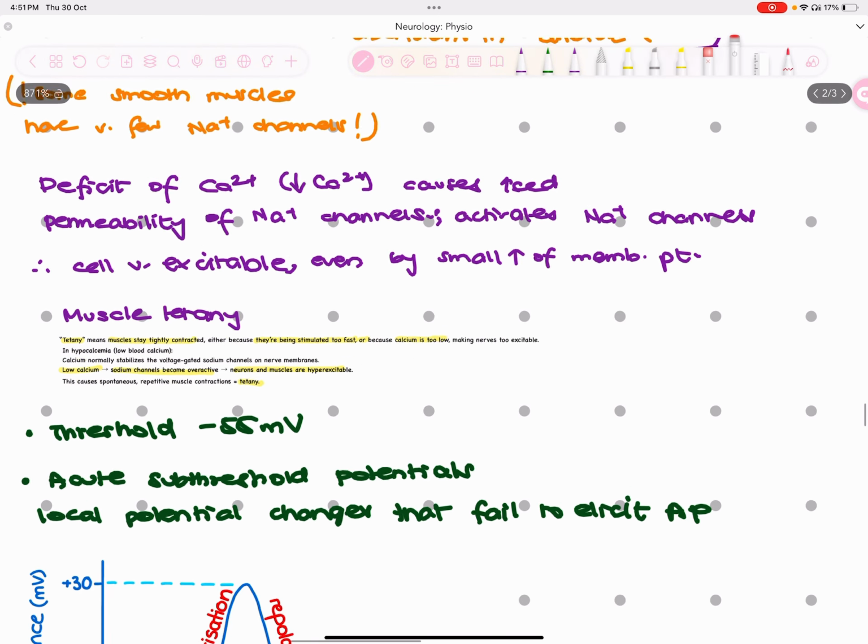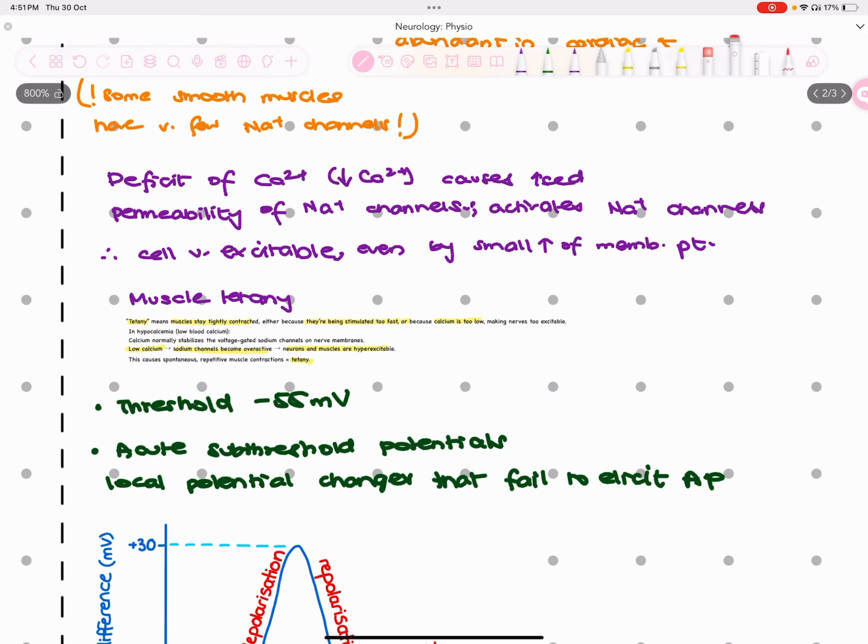Now, in cases where the body is suffering from hypocalcemia, which is a deficiency of calcium, the deficiency basically increases the permeability of sodium channels. You have to learn this as it is. This activates the sodium channels and makes the cell very excitable.